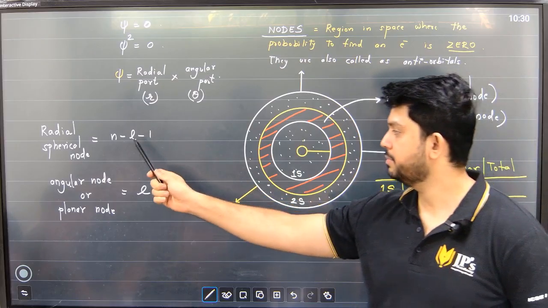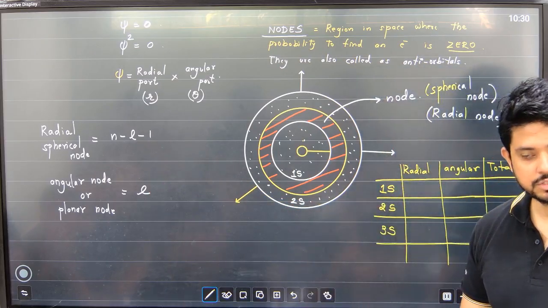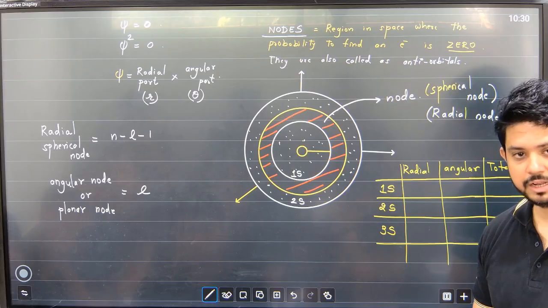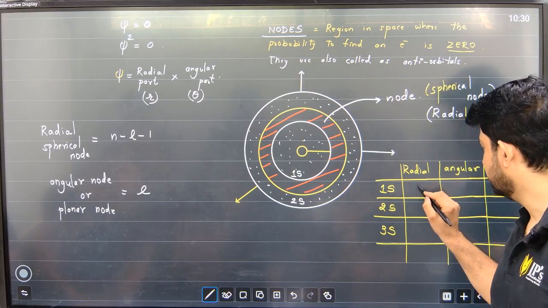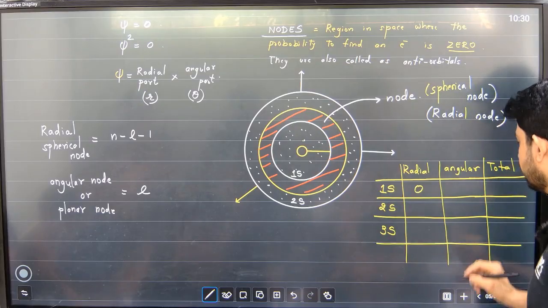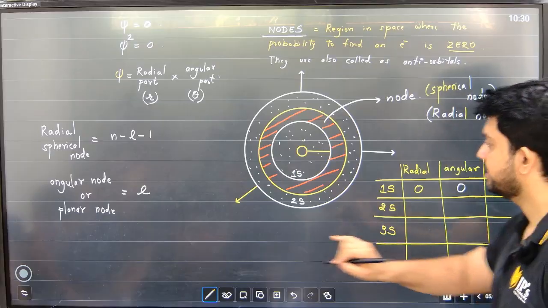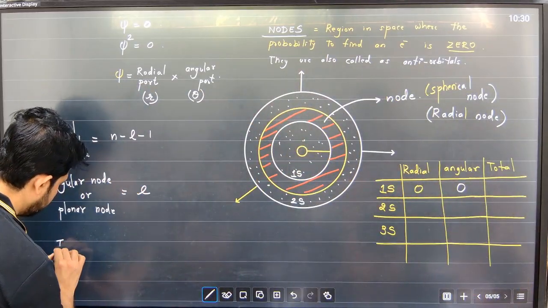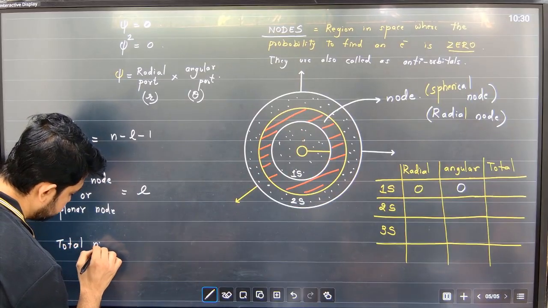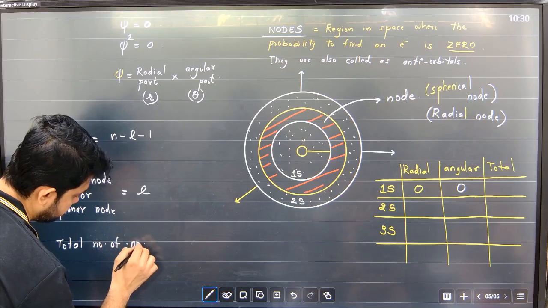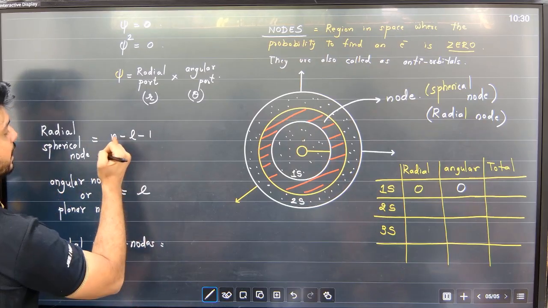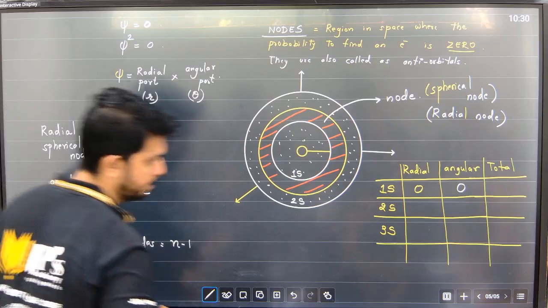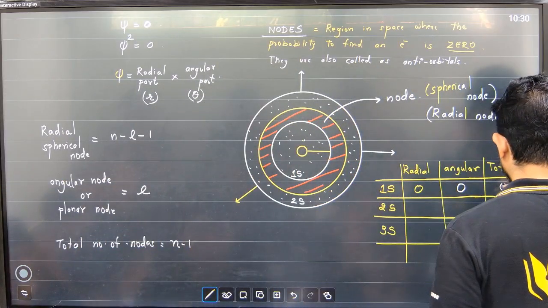So 1 minus, what is l? 0. So 1 minus 0 minus 1. So number of radial nodes in 1s? 0. Angular node? 0. Why? Because angular node is given by L. Total number of nodes is given by the formula: इन दोनों को ऐड कर दो, n minus l minus 1 plus l. यहाँ पे भी तो टोटल आने वाला है.